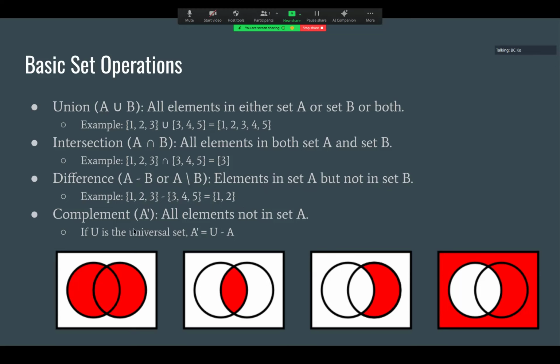The complement of set A includes all elements that are not in set A. So if U is a universal set, then A complement would equal the universal set minus A.